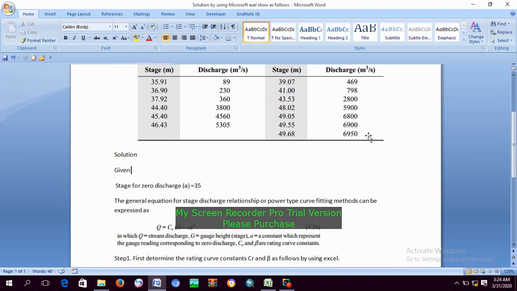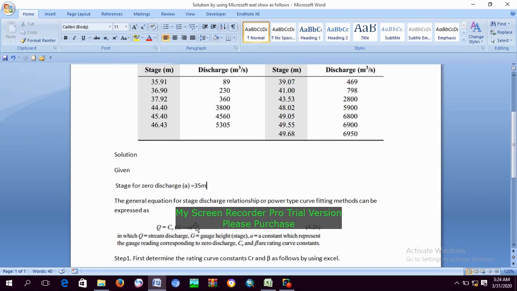In this given problem, the stage for zero discharge is equal to 35 meters, and the discharge equation for the stage-discharge relationship, or power-type curve fitting, can be expressed by this formula: Q = CR (G - A)^β.